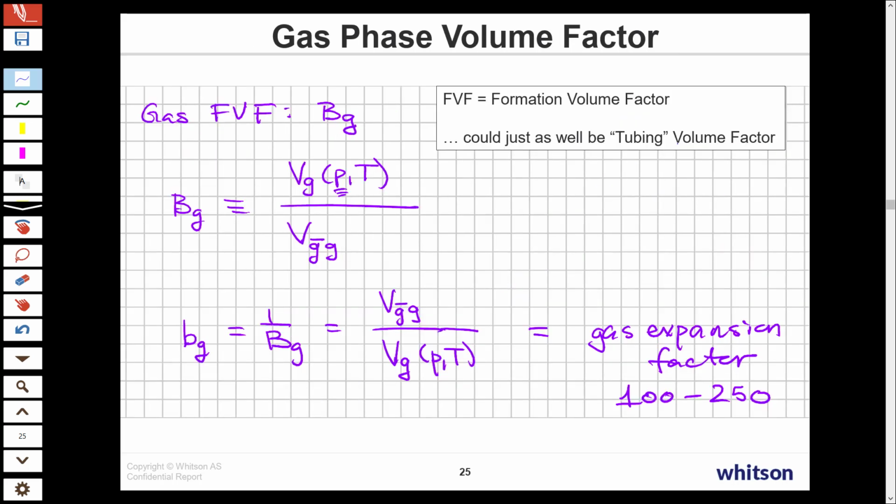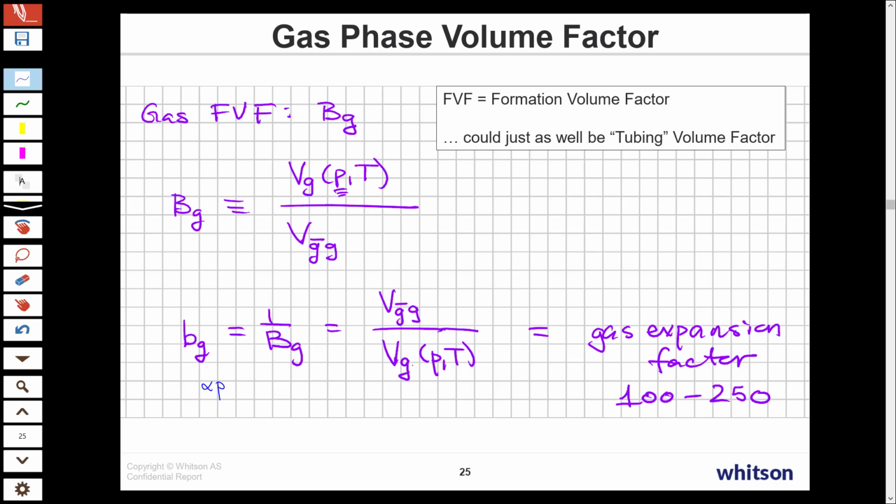Now the gas phase formation volume factor that we're most used to looking at is just defined as the gas volume at pressure and temperature divided by what that gas will yield after going through a process as a surface gas product. And we often use the inverse because of it being approximately proportional with pressure.